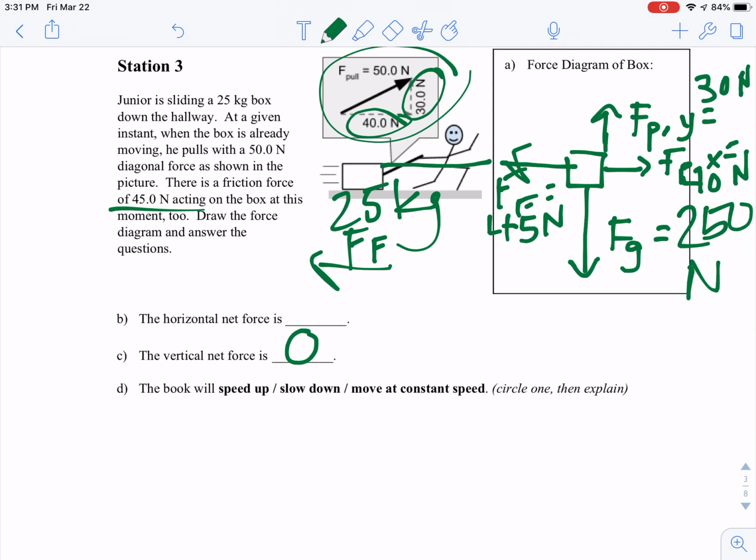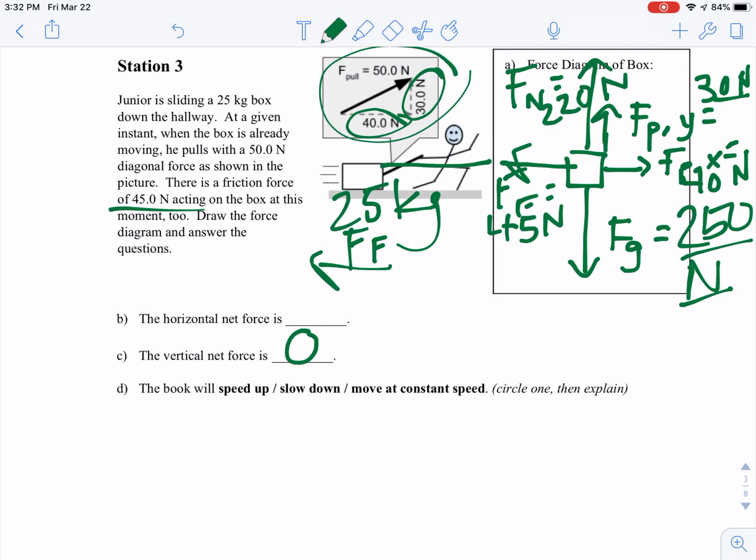It's not going up or down. Currently we have 250 newtons pointing down and 30 newtons pointing up. So in order to balance those out, we have to have another 220. So the normal force here is 220 newtons.